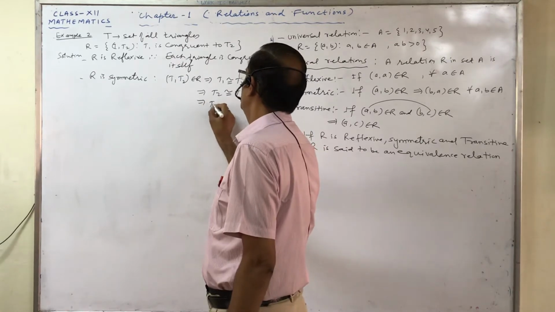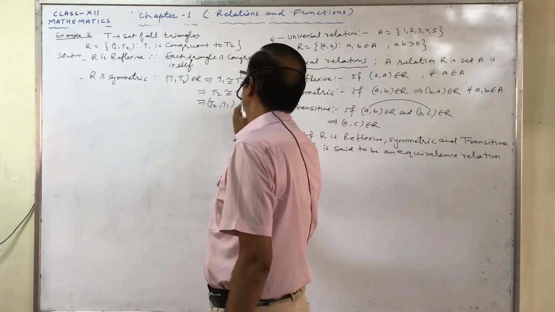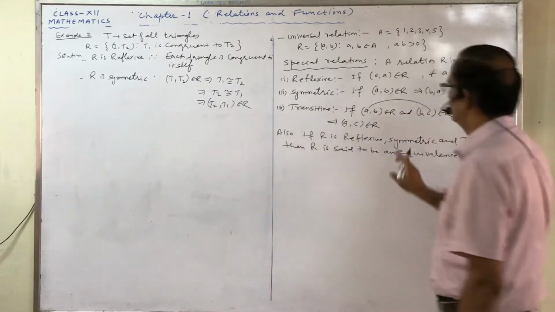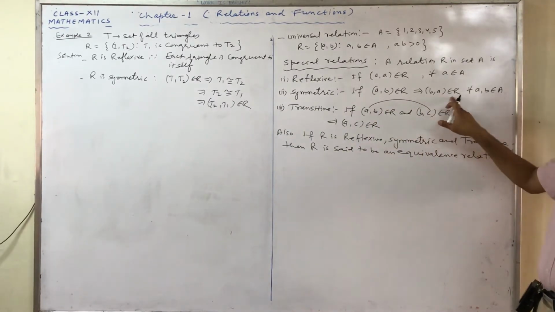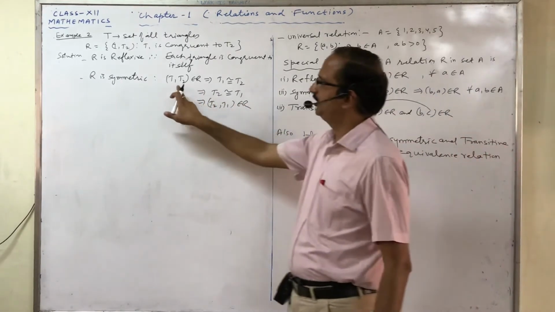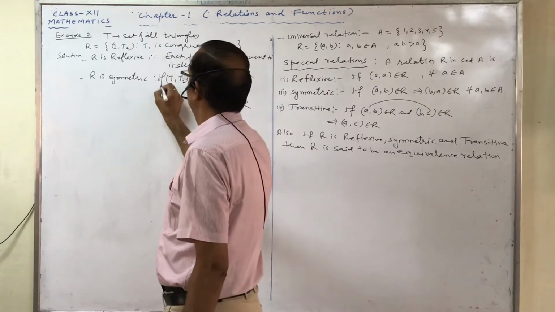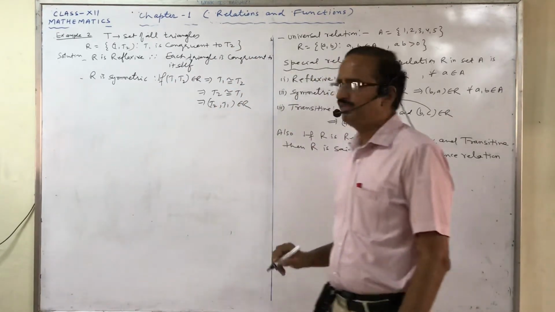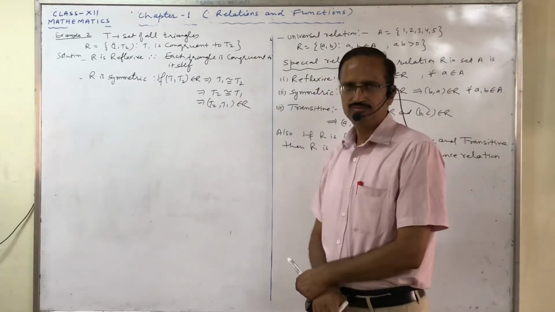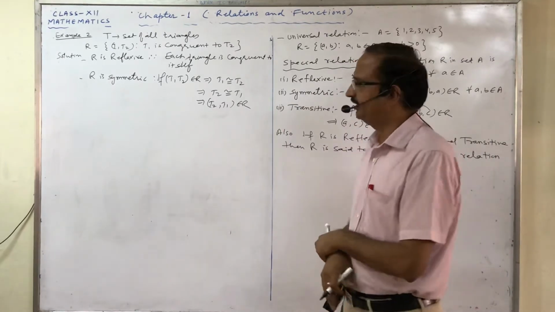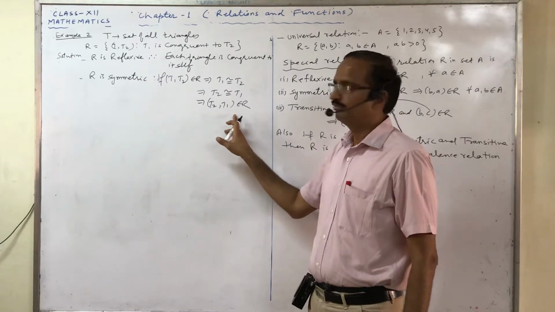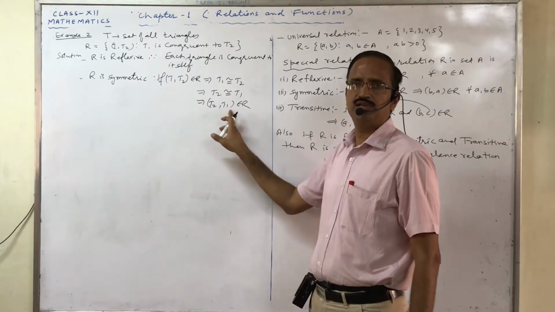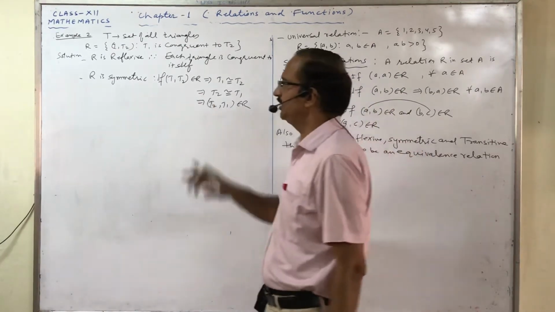And this implies that T2, T1 belongs to R. Look at this condition. If AB belongs to R, this implies that BA also belongs to R. There it is, the relation R is symmetric. So if T1, T2 belongs to R, it means T2, T1 belongs to R, or T2 is related to T1. So this relation is symmetric.